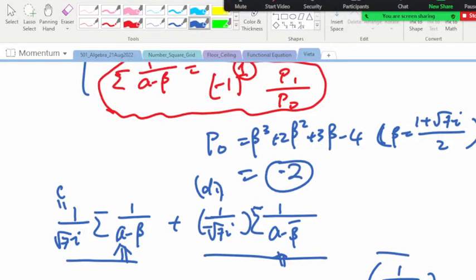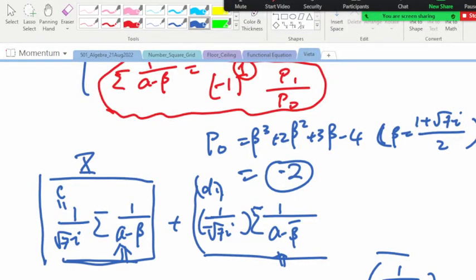The conjugate of an imaginary number flips the sign of the imaginary part. So if this part is x and this part is y, is y equal to the conjugate of x? Yep.